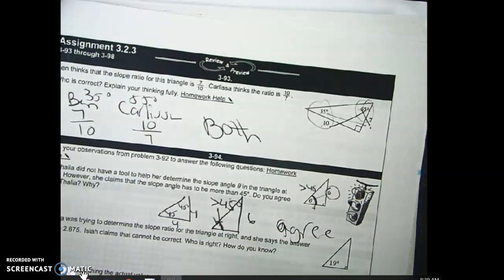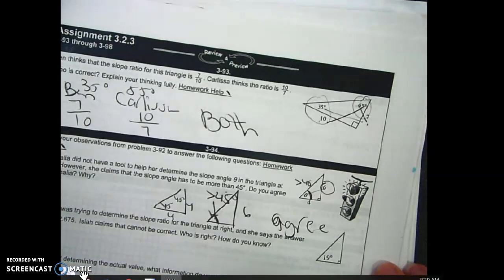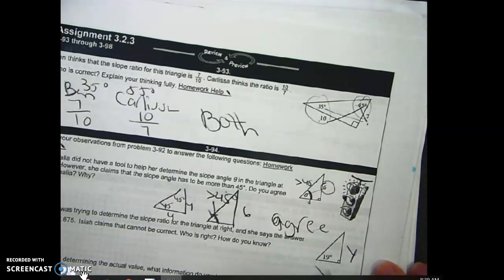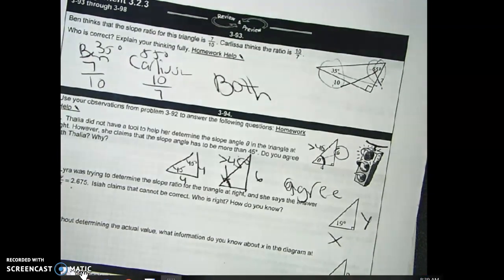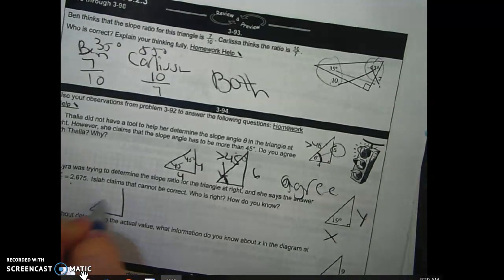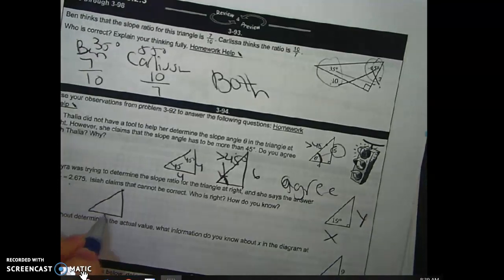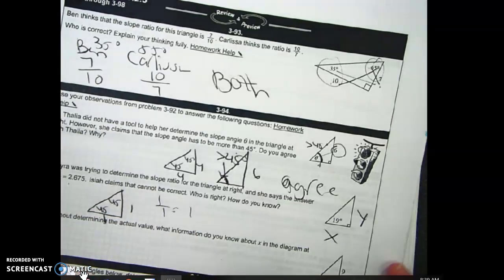She says the answer for the change in y and the change in x is 2.67. So that means this is the y and this is the x, 2.67. So let's see. I know that if they're the same thing, like if this is 1 and this is 1, that's 45 and that's 45. 1/1 is 1. Okay?